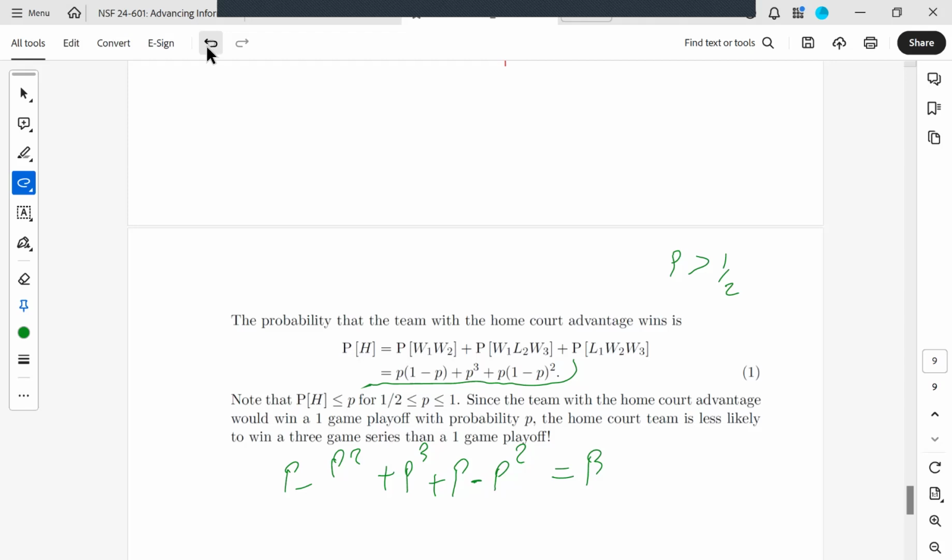Oh, yeah. Now I see what I was doing wrong. Thank you. It's going to be p minus 2p squared plus p cubed, right? Now I think it's correct.